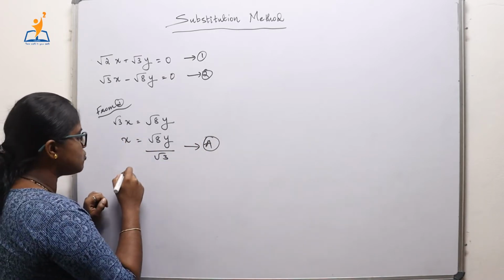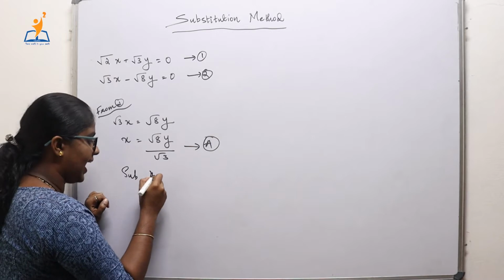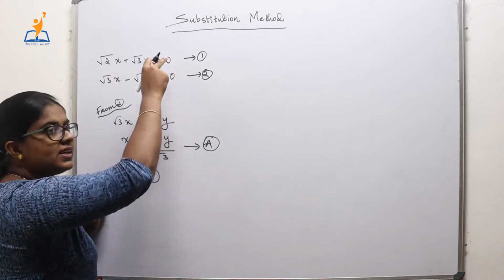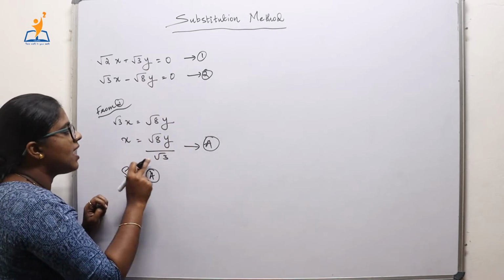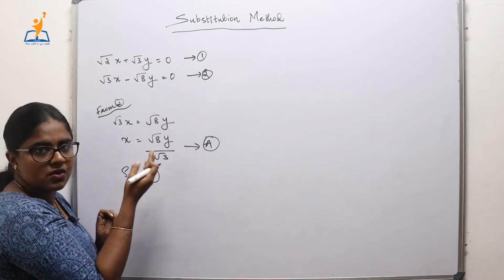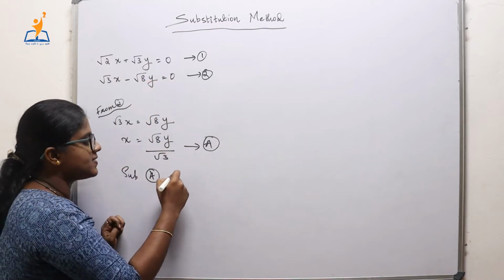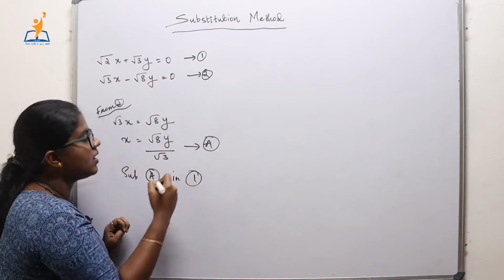Now as usual we have to substitute A, not in 2 but in 1, because from 2 only we have expressed x in terms of y. So we have to substitute A in 1 now. Yes, substitute A in equation number 1.